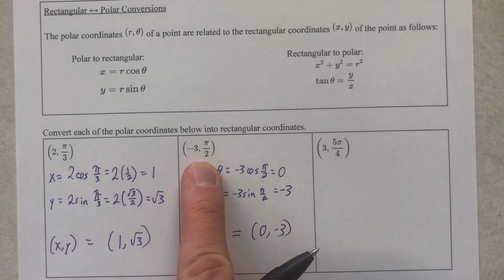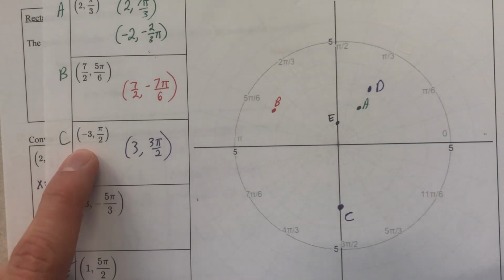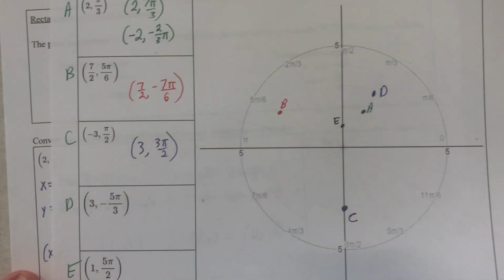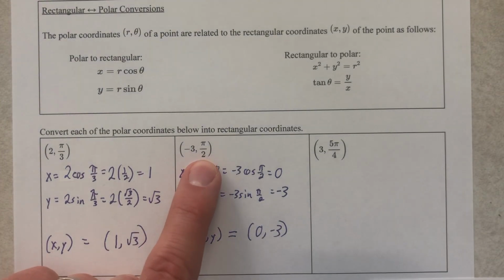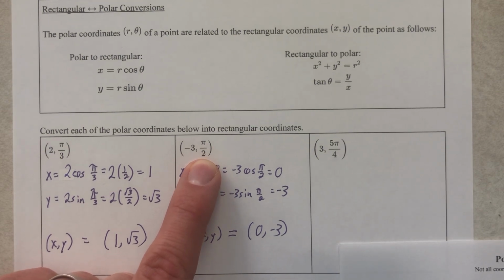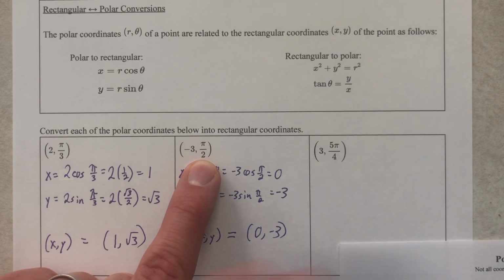This was, front page, coordinate C, and you could have figured that one out just by looking at it. So sometimes it's faster if you look at this number and decide, oh, is this on an axis? If it is a multiple of pi for sure, that's on your x-axis.